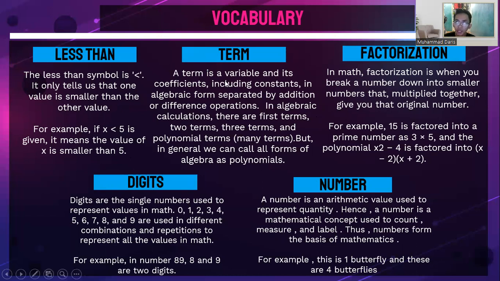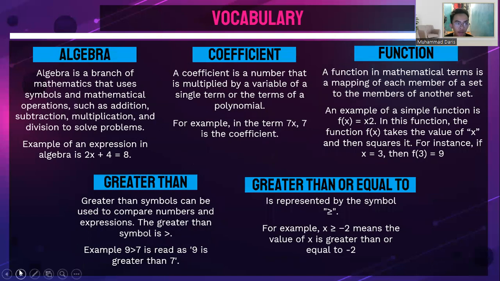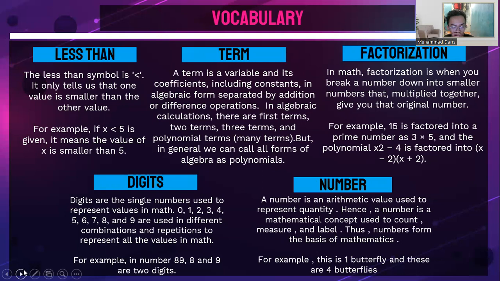For example, 2x plus 5y is equal to 0. It means two terms because there are two coefficients and variables. Okay.